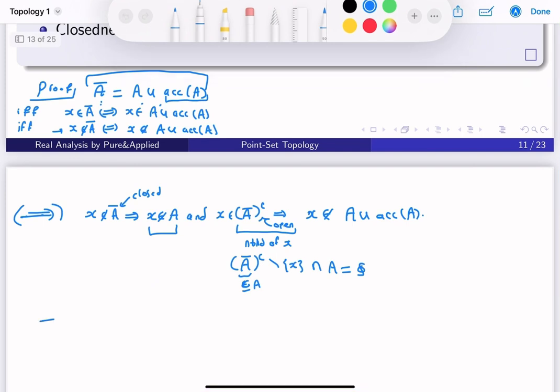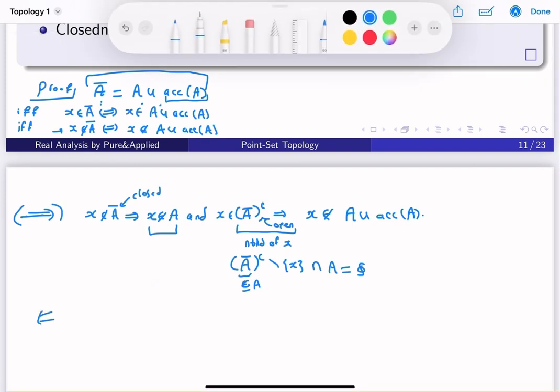And showing the other direction is also easy, and you can see it by saying, well, if X is not in A union the accumulation point of A, then what do we have here?